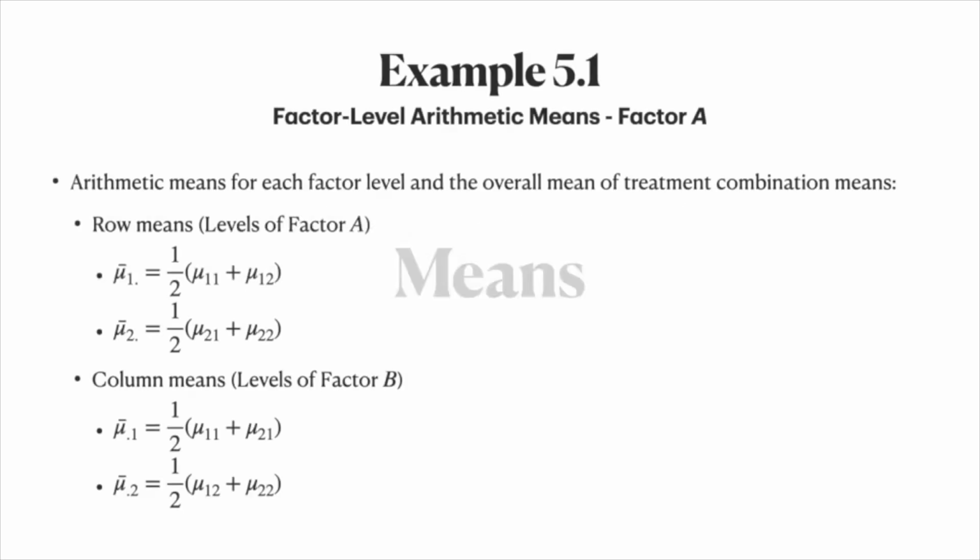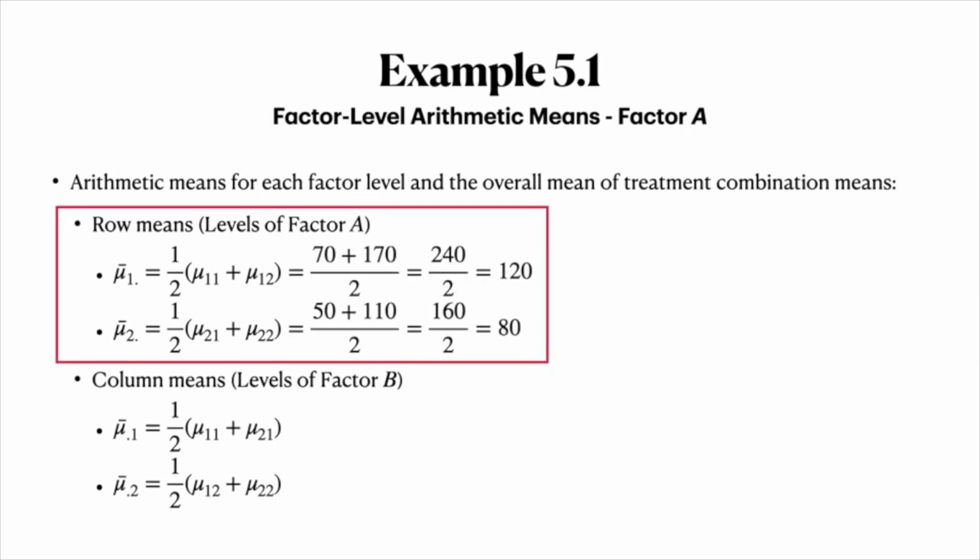All right, next, let's calculate means and effects associated with this 2x2 complete factorial treatment structure. We'll start off by first calculating various means of interest. So we're going to be calculating arithmetic means for each factor level and also the overall mean of the treatment combination means. Let's first calculate the row means.